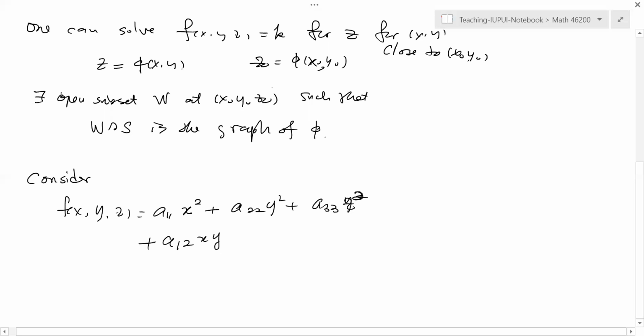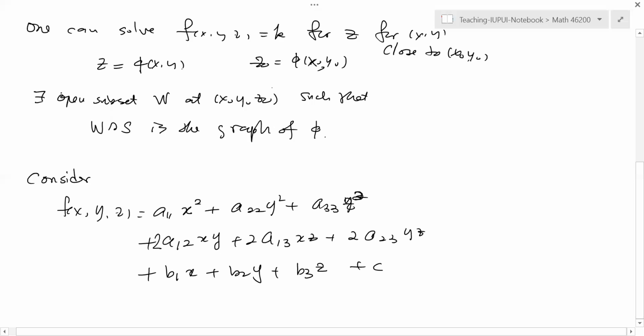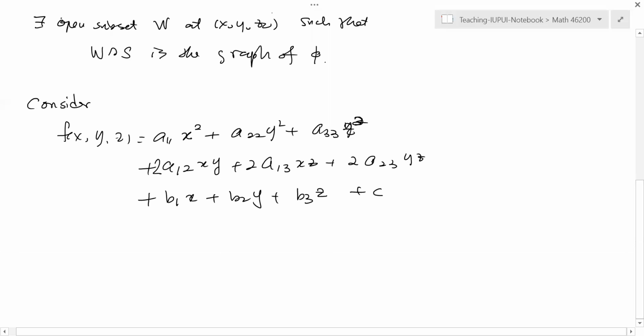And we may assume that xy and yx are the same, so I put twice here. Then twice A13 xz, twice A23 yz, then plus B1 x, B2 y, B3 z, and plus constant c. So I get all the terms here.